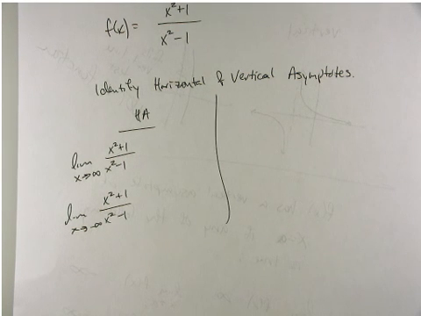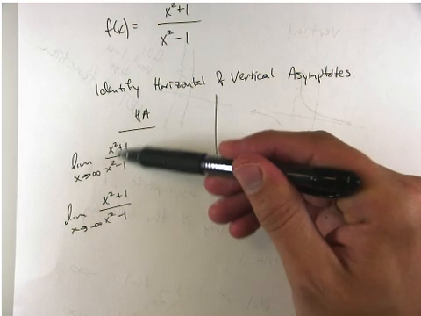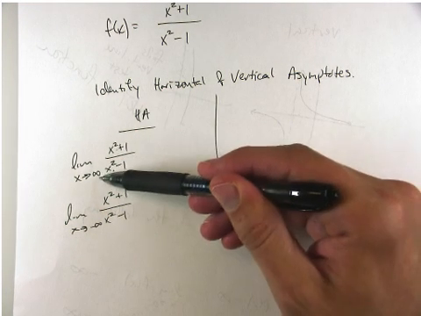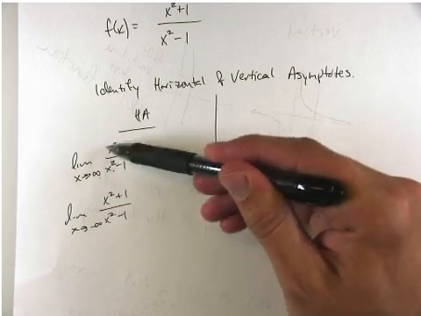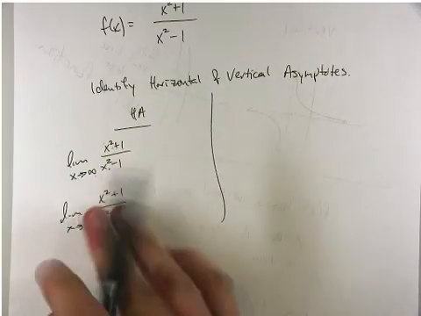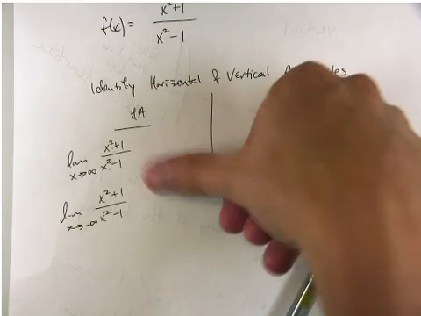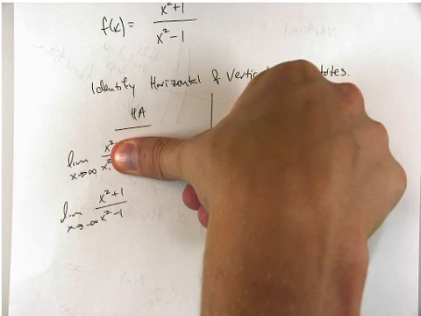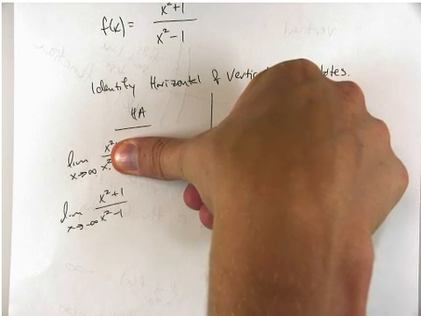And the shortcut for this is to look at the highest powers, right? The highest power is 2, the highest power is 2. This is an infinite limit, so I can take these leading coefficients. I can imagine that at infinity, all of the other bits of these functions don't matter. This looks like x squared divided by x squared, which is 1.